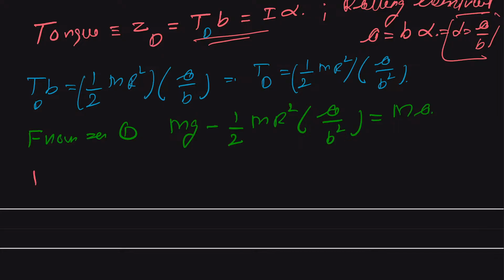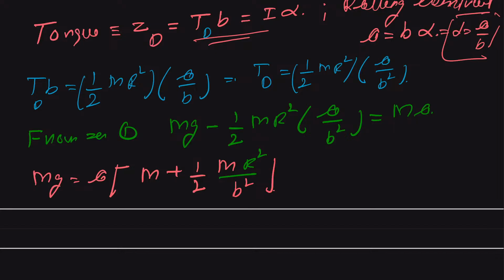So we get mg is equal to a, which we take as common, times m plus half m r square upon b square.